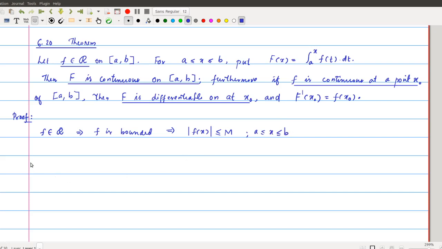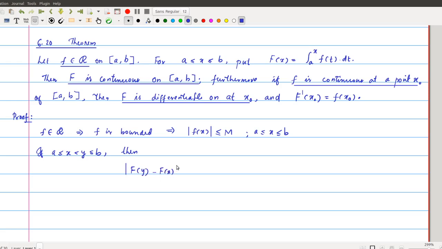Now if we choose some x and y, x less than y less than or equal to b, so we choose x and y from this interval [a, b], then what is the modulus of capital F of y minus capital F of x?